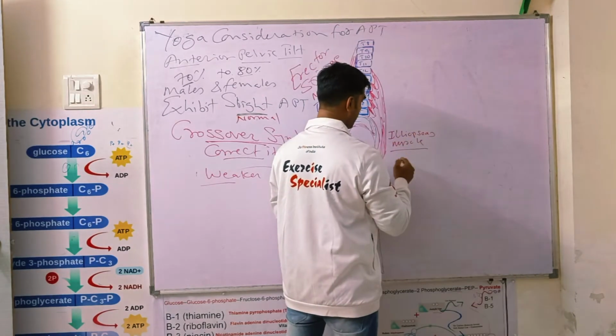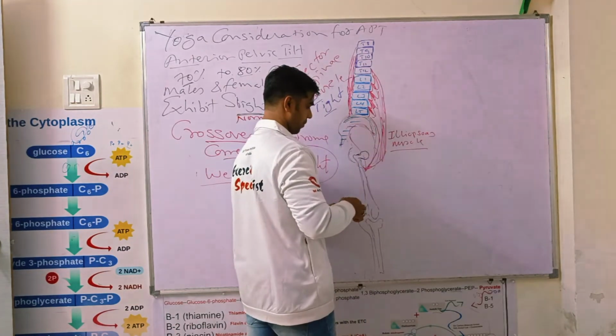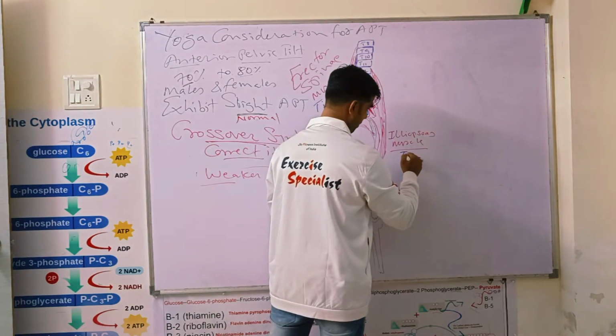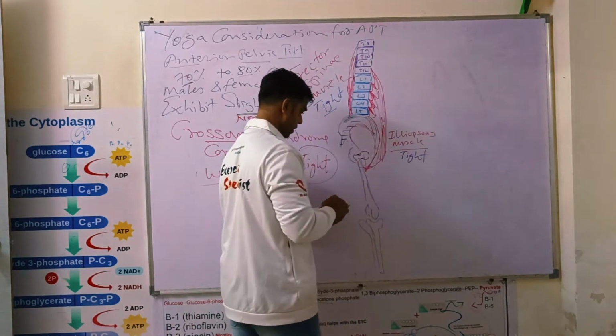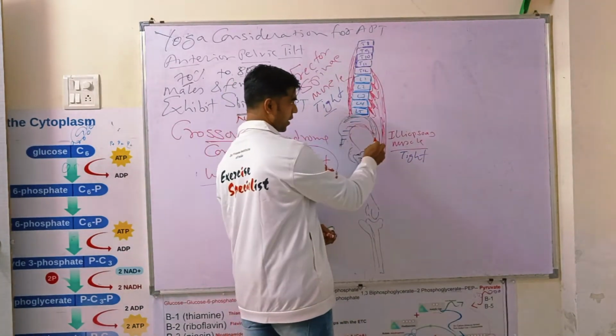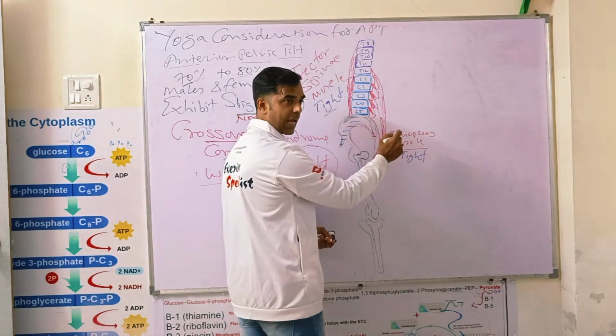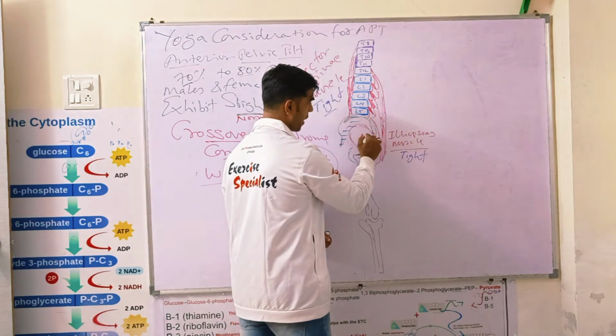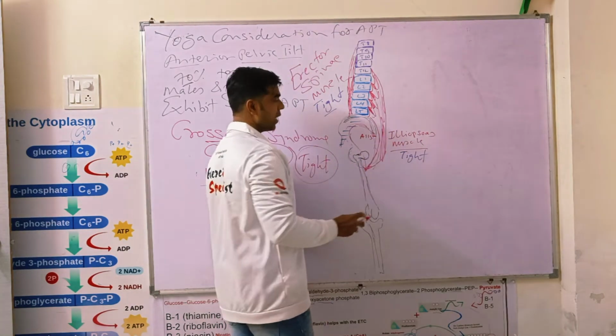This muscle becomes tight. We have one more hip flexor which originates from AIIS, anterior inferior iliac spine.